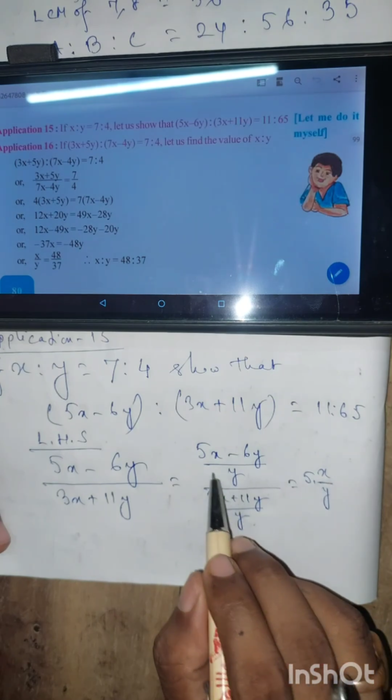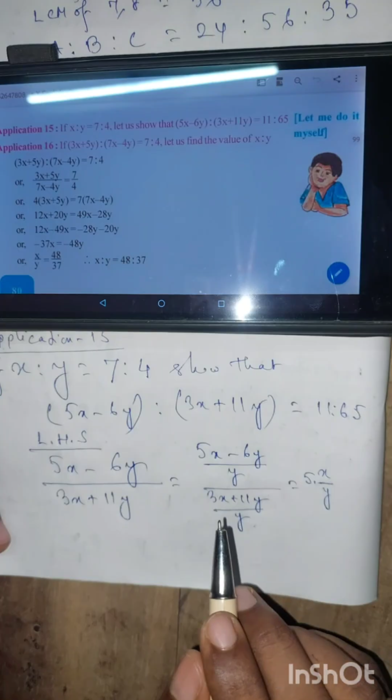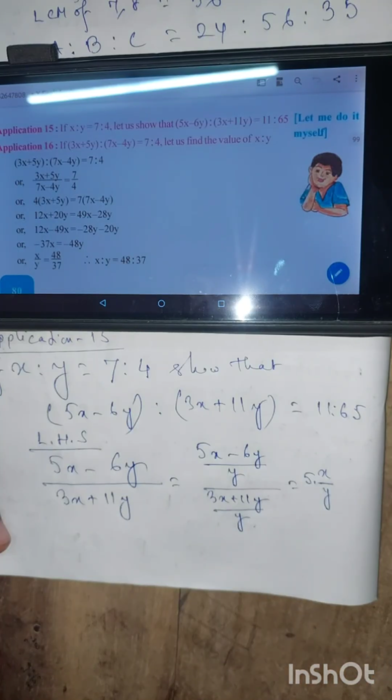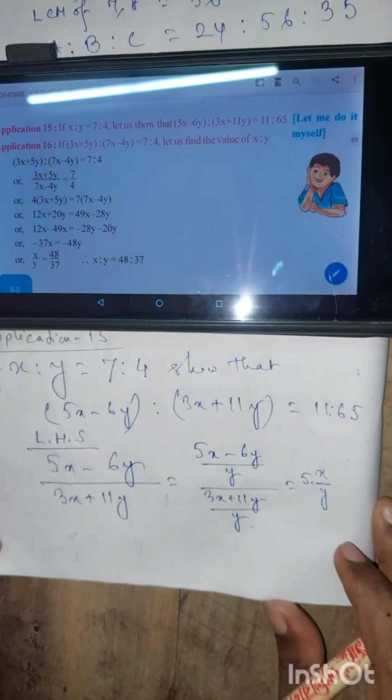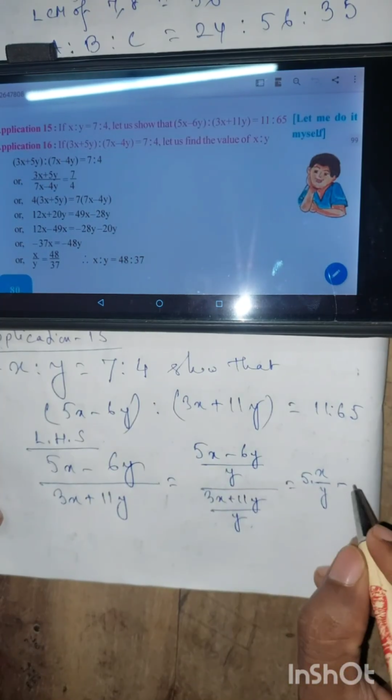5 into x by y, y is getting distributed to this, so 5 x by y and minus 6y by y, that means only 6.